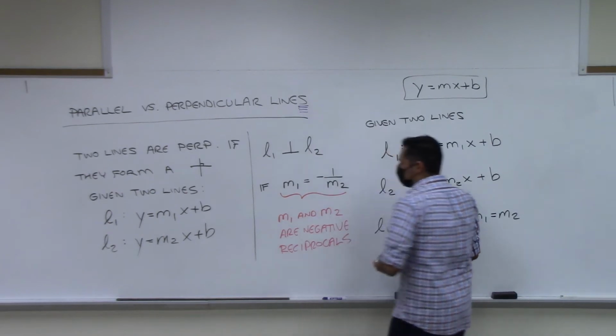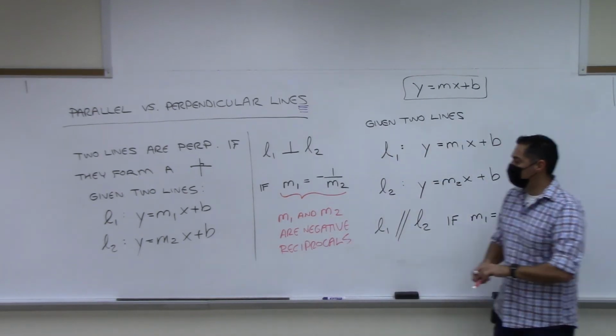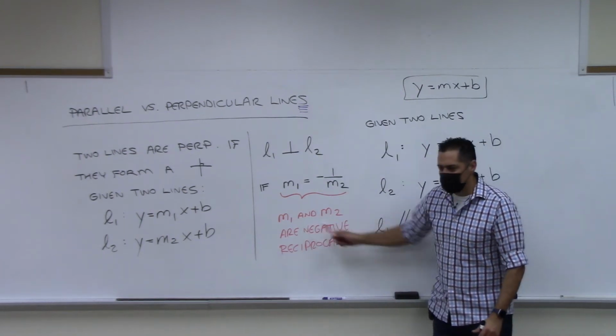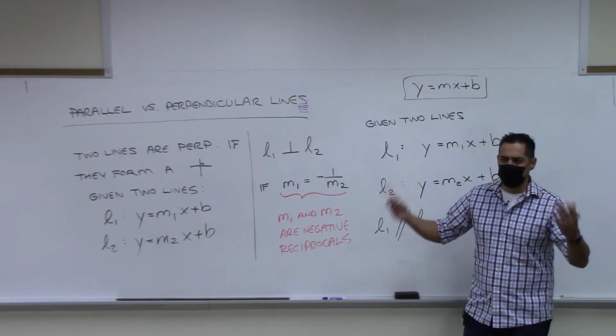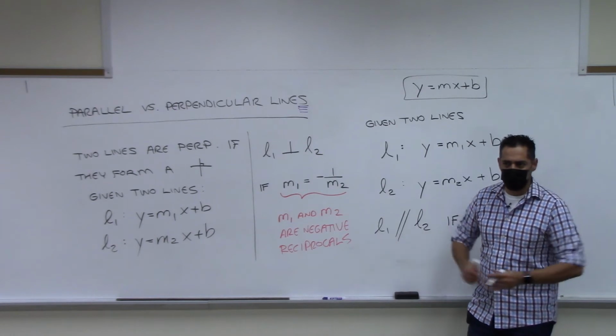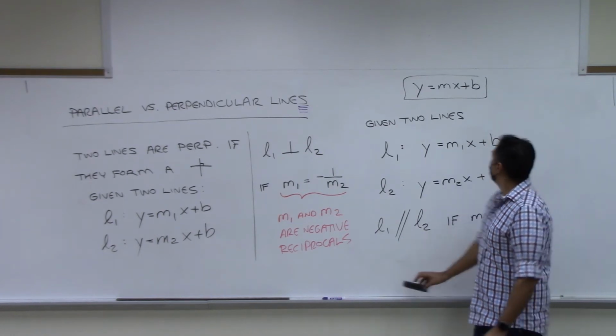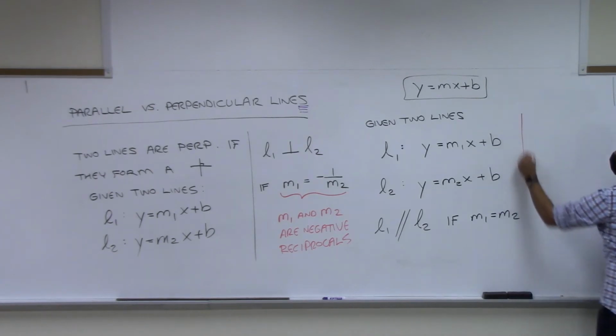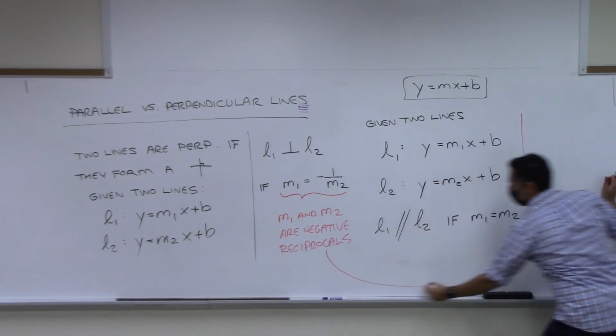That still confuses students, so let me explain what a negative reciprocal is. Once you see it, I think you'll be like, oh, that's not as bad as I thought it would be. Now, I'm going to try and squeeze it in here. So what does negative reciprocal mean?